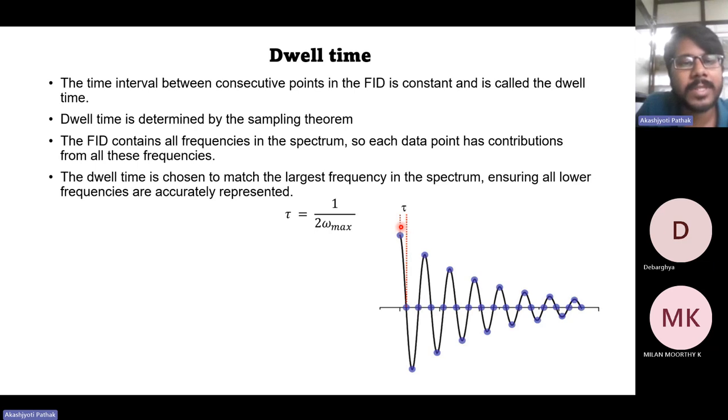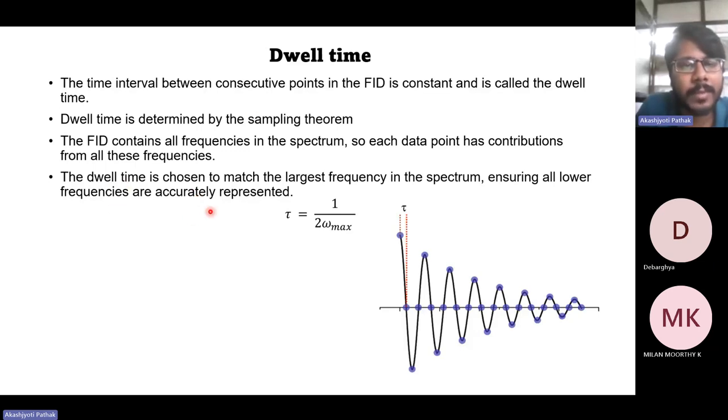Dwell time is determined by the sampling theorem. We will understand what the sampling theorem is in the next slide. The free induction decay contains all frequencies in the spectrum, so each data point has contributions from all these frequencies. The dwell time basically controls the resolution of our NMR spectra, so it is important to understand this concept.